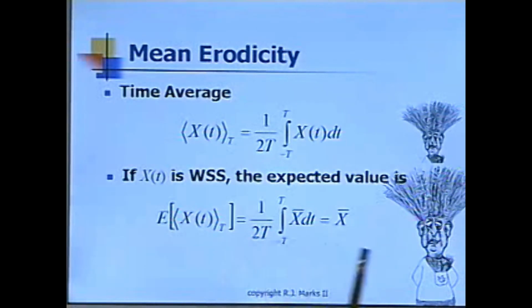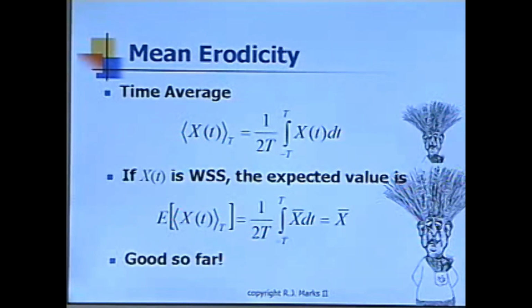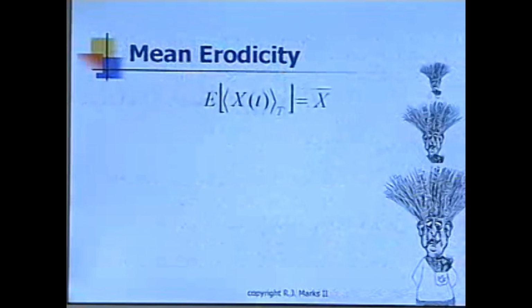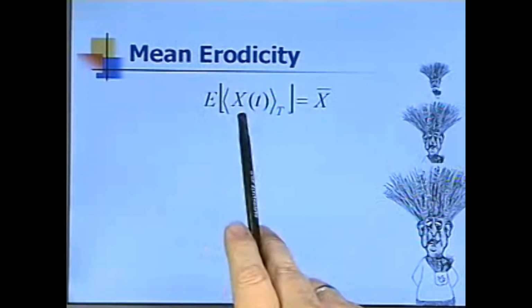However, this isn't enough. Because if we use this as an estimate, we want the expected value to be right on, but we also want the variance of the estimate to be very, very small. So we're good so far. We have the expected value equal to the mean of the process, the expected value of the time average.